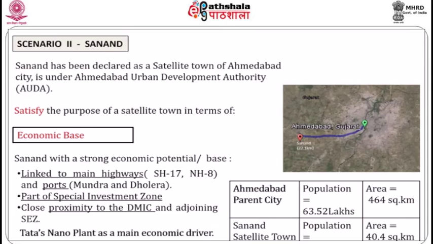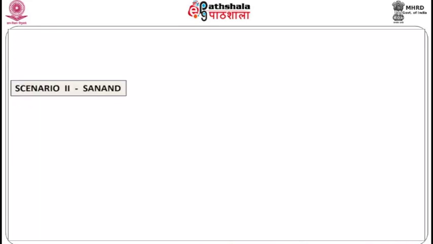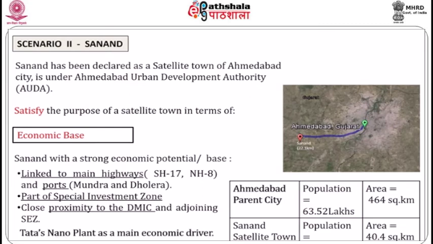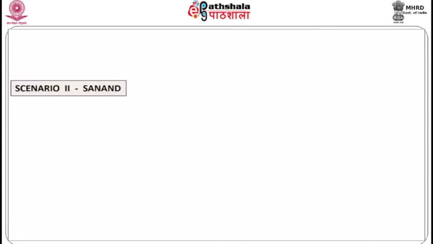It was linked to main highways, that is state highways, national highways, and ports, Mundra and Dholera. It was part of a special investment zone. It was in close proximity to DMIC and adjoining SEZ. The factory manufacturing Tata's Nano cars was a main economic driver in Sanand. Sanand had a population of about 41,000.